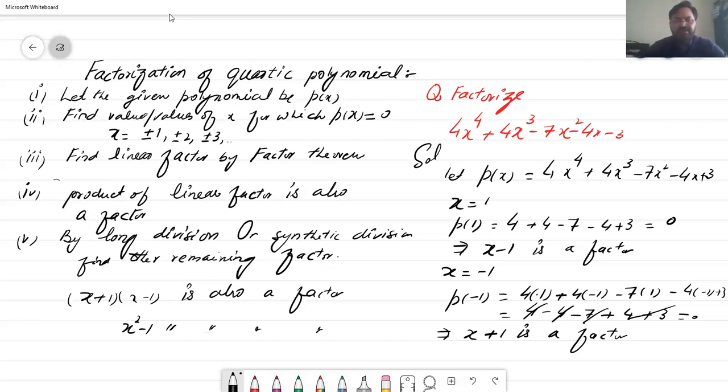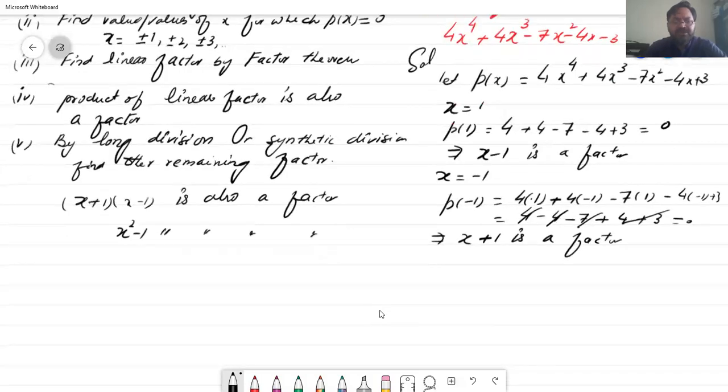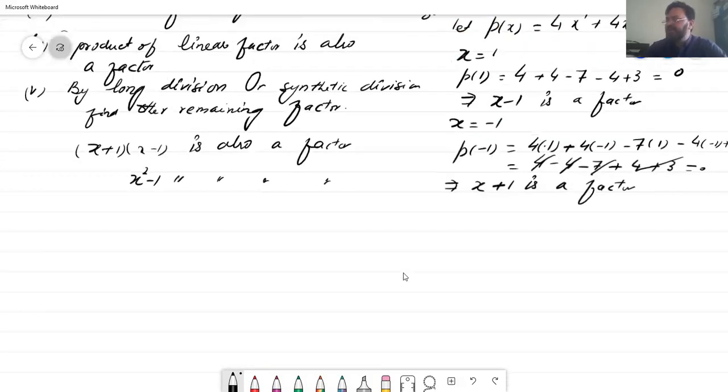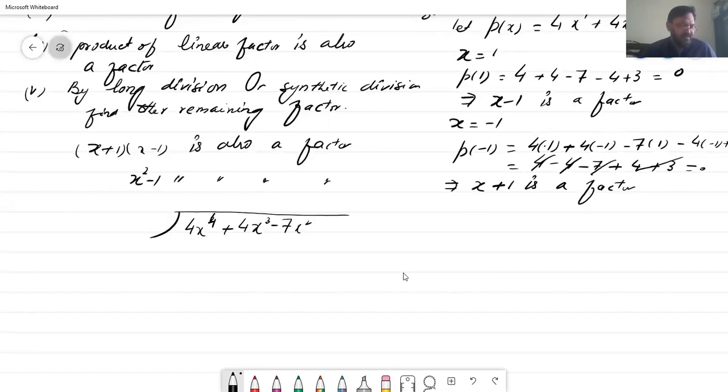If we have one factor, then it's very easy to find the other factor by the long division method. So how will you find it by long division? You have to write the dividend, 4x raised to power 4 plus 4x cube minus 7x square minus 4x minus 3, divided by x square minus 1.